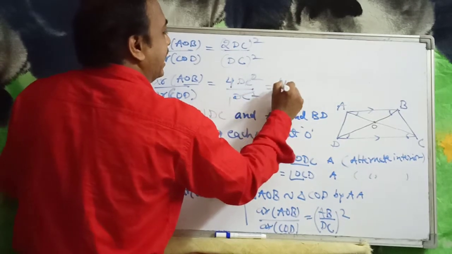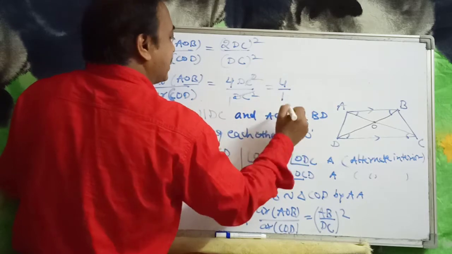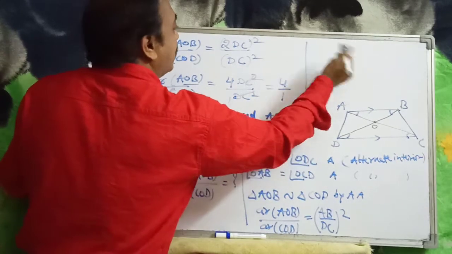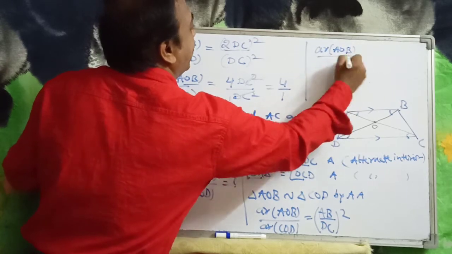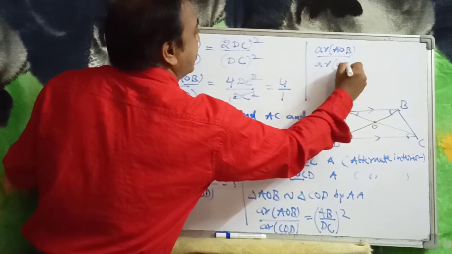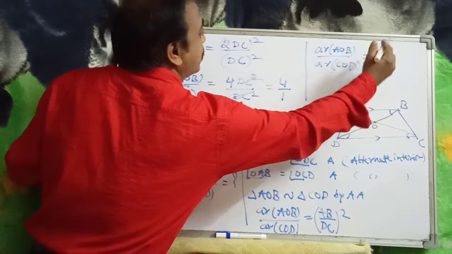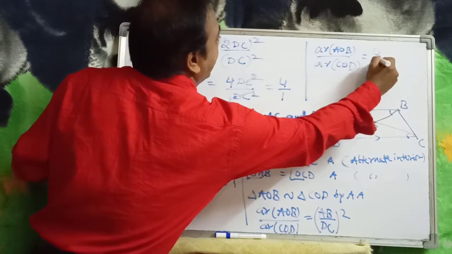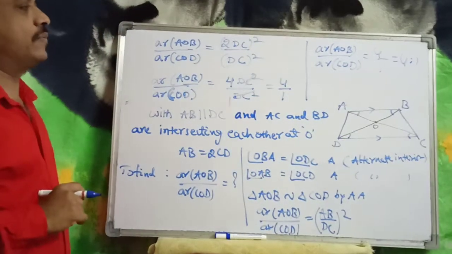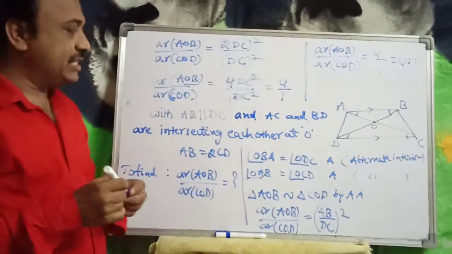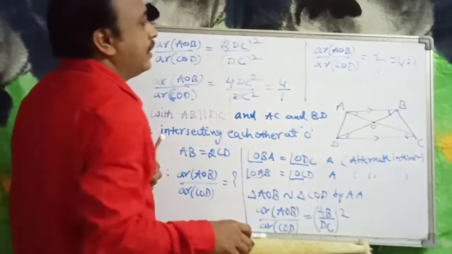So the ratio is 4 by 1, which is equal to 4:1. You can write 4:1 or 4 by 1.